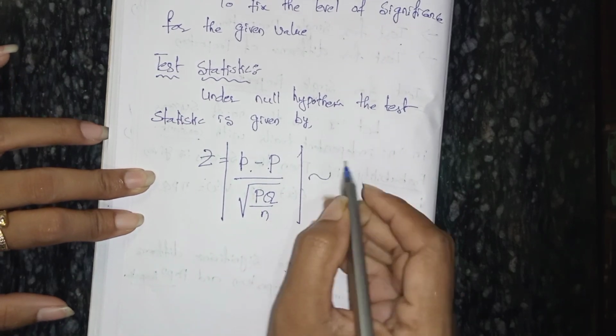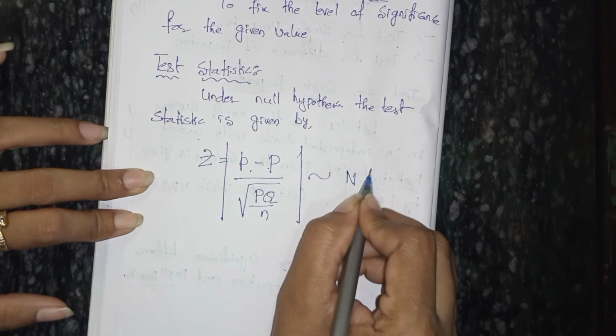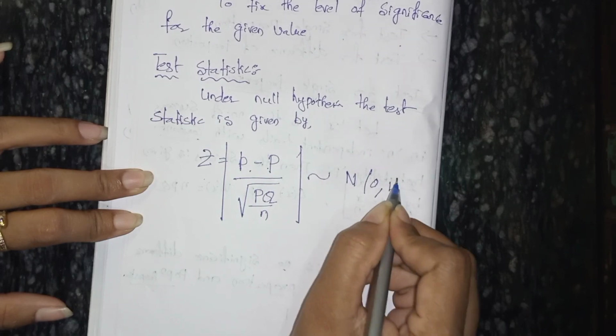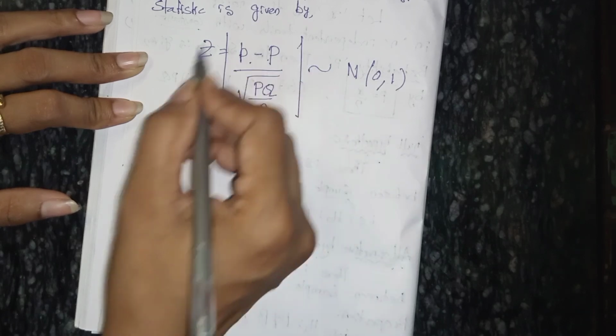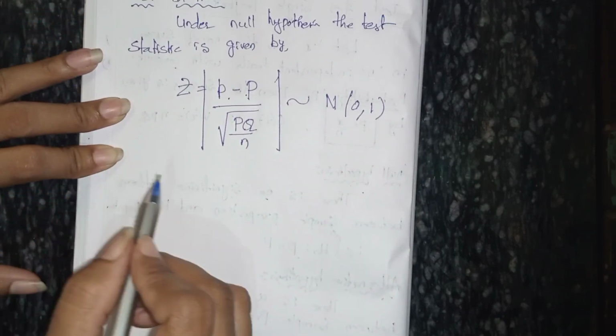It follows normal distribution with mean 0 and variance 1. So this is the formula for single proportion.